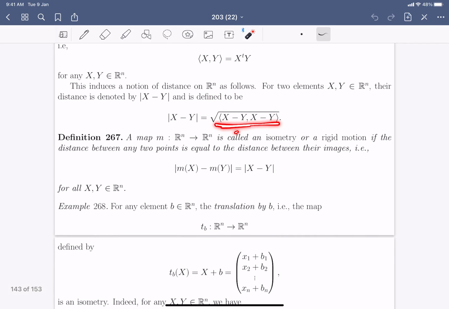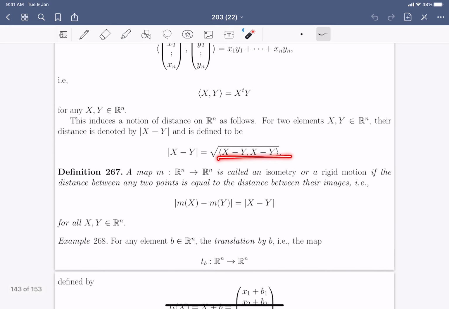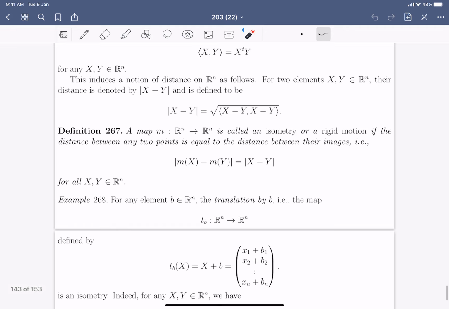One can check that this is a non-negative number. So for instance, all these terms are greater or equal to 0, so this quantity is non-negative, and then one can take the square root, so it's well defined.